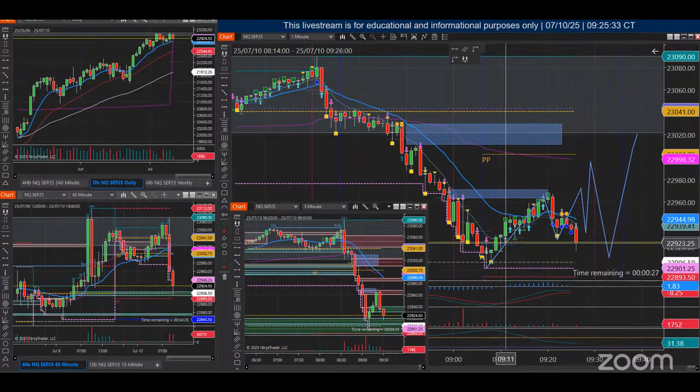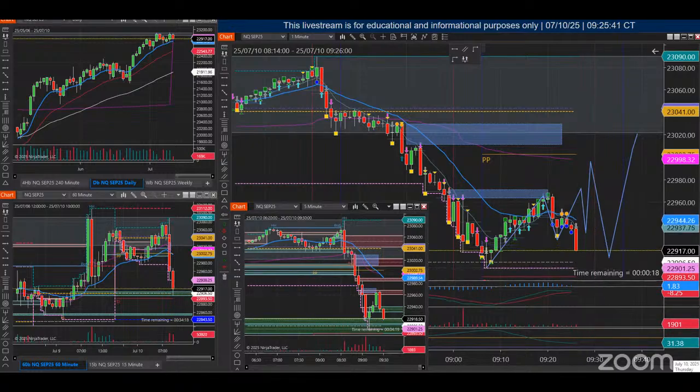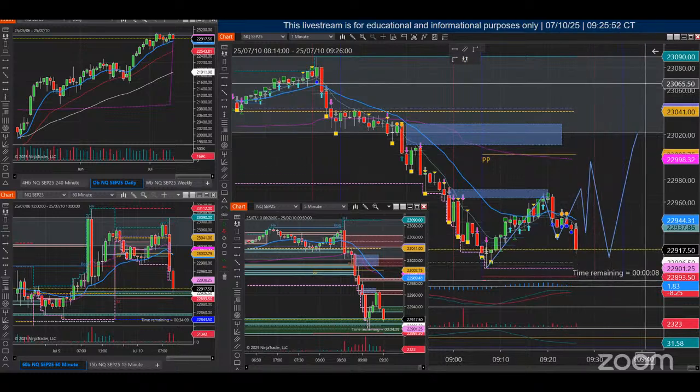So the key here is whether this current daily low will hold or not. And we are also approaching the initial balance low. I mean the initial balance in 5 minutes. Potential downtrend. And so this will be the retest of that, and then it will shoot through.